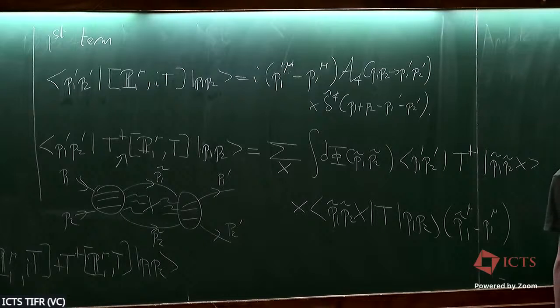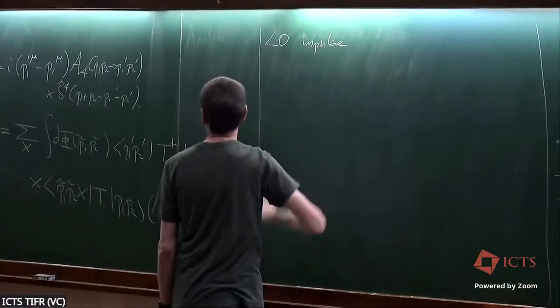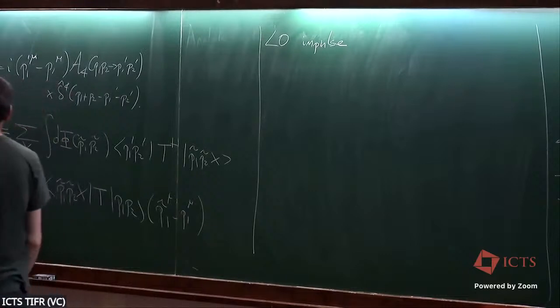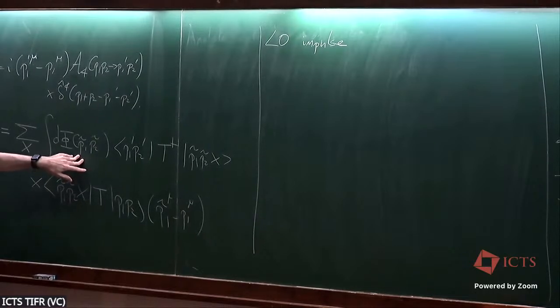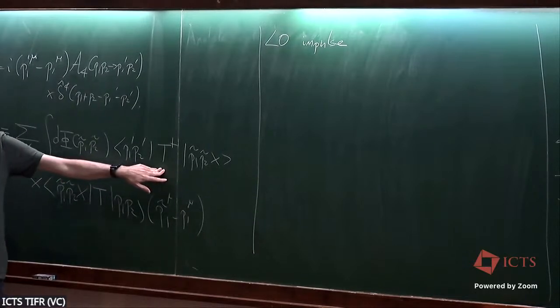Now, let's think about what this impulse looks like order by order in perturbation theory. At lowest order, we're just going to have this term here. So for example, if we think of electrodynamics, the 4-point amplitude at lowest order is the tree 4-point amplitude. It's order e squared. This term here, what is the lowest order it can contribute?